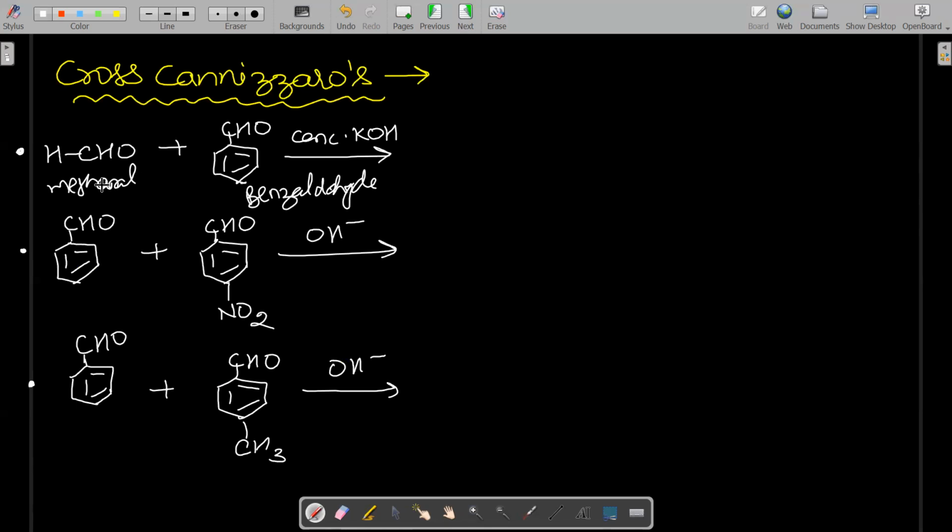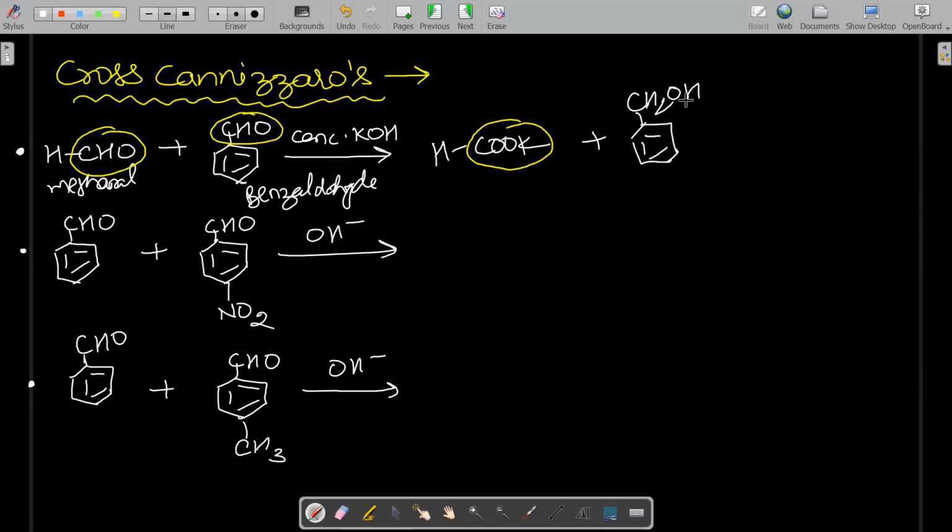So aliphatic aldehyde gets oxidized, and aromatic aldehyde gets reduced. So what product will we get here? COOK. So this CHO gets oxidized, and this aromatic aldehyde CHO gets reduced. Okay, so we get these two products, benzyl alcohol. So there is no confusion, we get this substance as the major product.